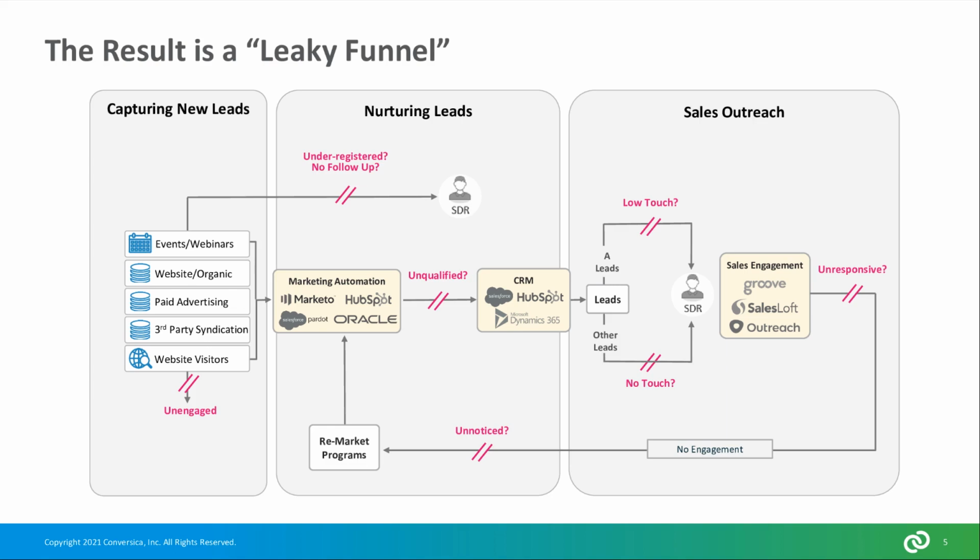And so what are you able to do to really drive retargeting of those leads in a more automated and scalable fashion? All these areas you see here are just opportunities where you have leaks in your funnel. And if you have leaks in your funnel, it means that you are losing opportunities to turn those leads into meetings, those meetings into opportunities, and those opportunities into revenue.